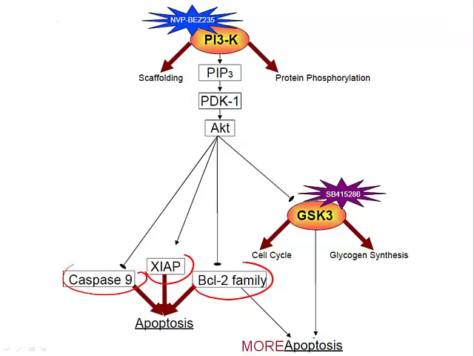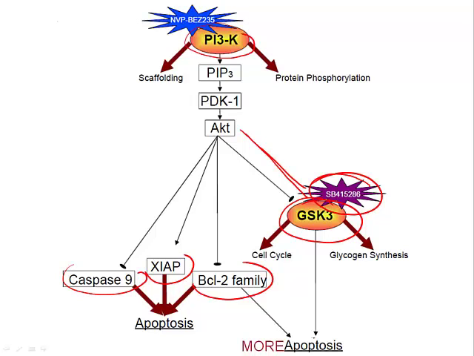The most important part of the cell death was down here, where AKT blocked GSK3 beta. The blockage of GSK3 beta, and we could show that by using an inhibitor which is specific for GSK3 beta, led to even more apoptosis.